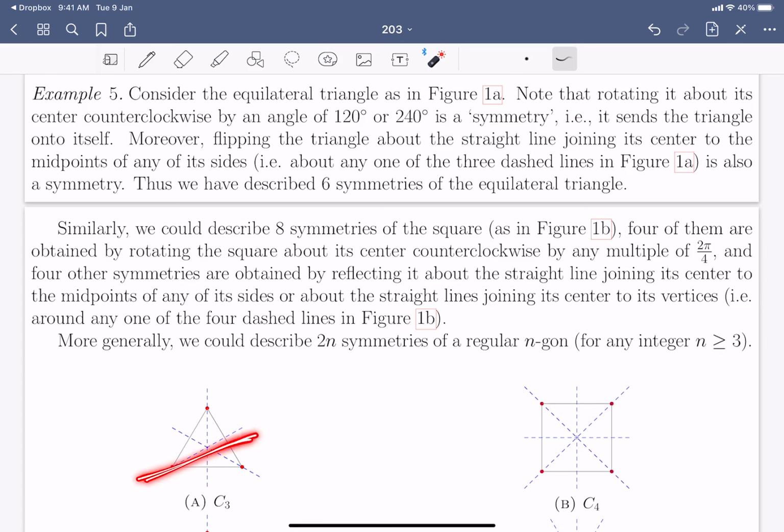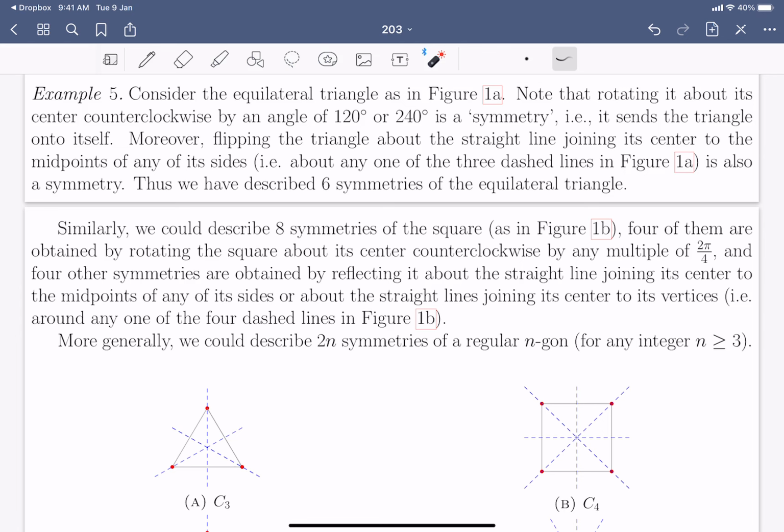And now you can also try to rotate the triangle along this axis, along these dashed lines. So if you flip this triangle, and please assume that this is an equilateral triangle, that might be clear from the picture. So if you flip this triangle along any of the dashed axes, then again this triangle falls onto itself.